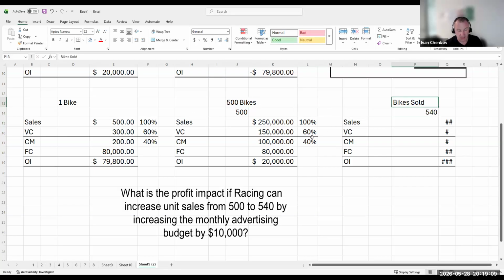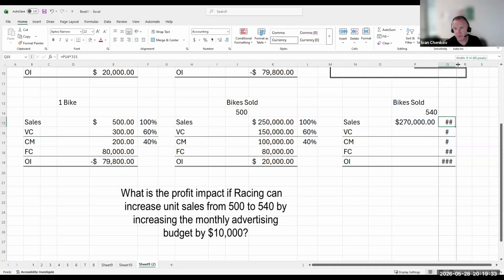And here will be again, bikes sold, 500. If I sell 540 bikes, what's going to happen? My sales are going to be $270,000. No questions about it.